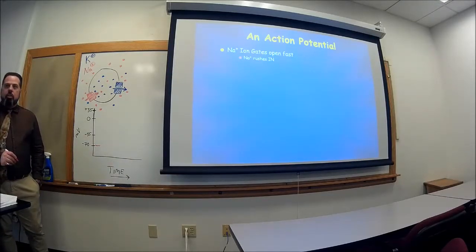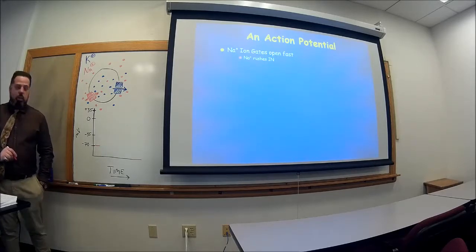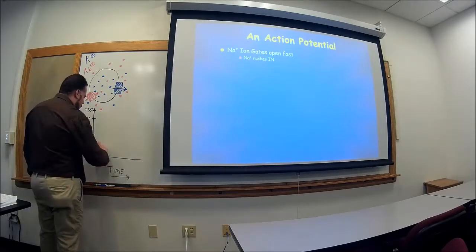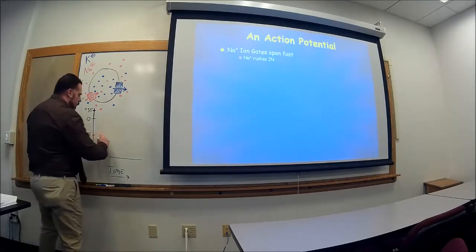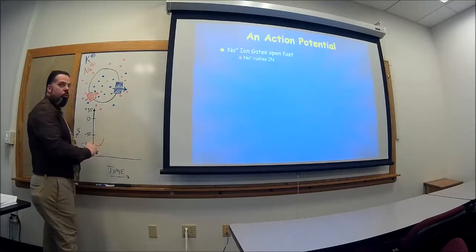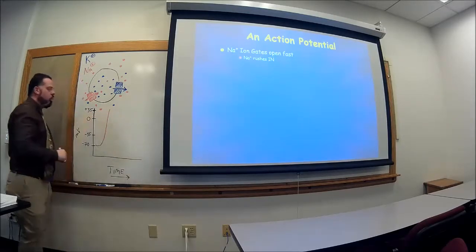Sodium channel gates open. What happens to the charge inside? Does it become more positive or more negative? Positive. So it goes up, and it goes up pretty slowly. Once it reaches negative 55, the gates open all the way, very wide, and it shoots all the way up, and it reaches about positive 35.